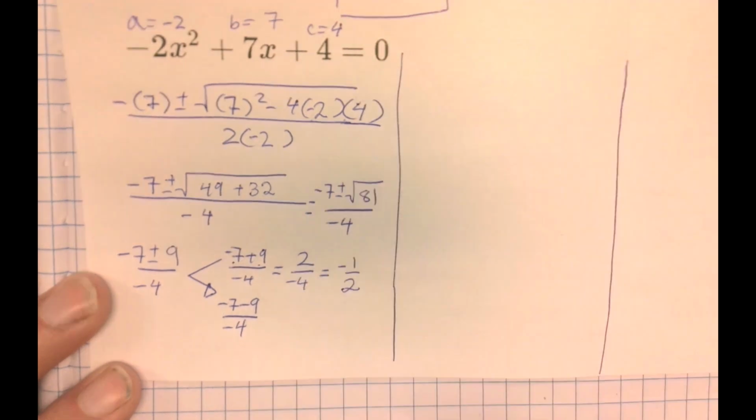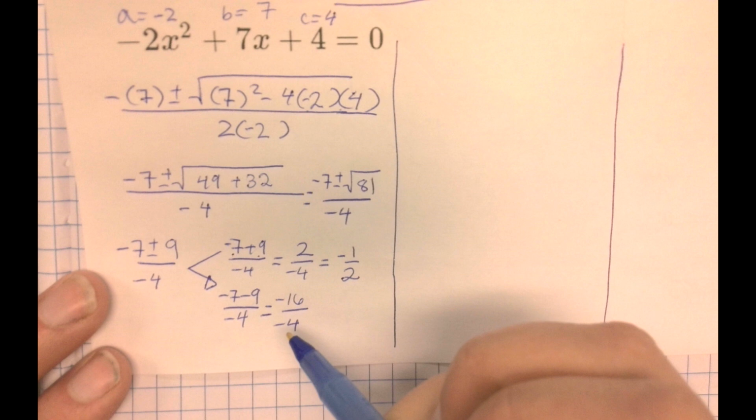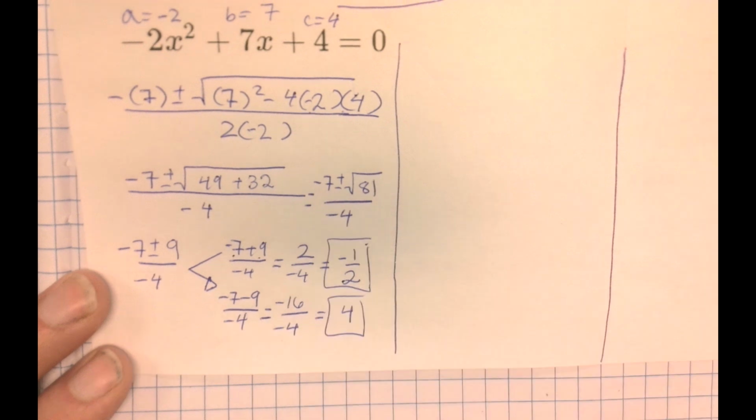Are you guys okay that that simplifies to negative? Negative 7 minus 9, you're going to add them. It's okay that a negative divided by a negative. Lock in. Negative divided by a negative is a what? Positive 4.